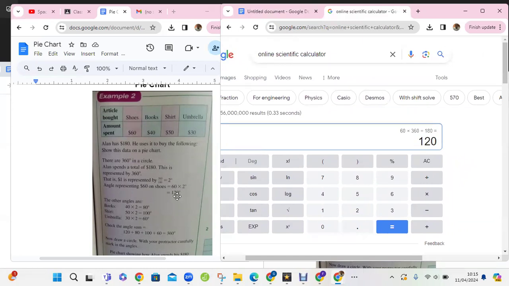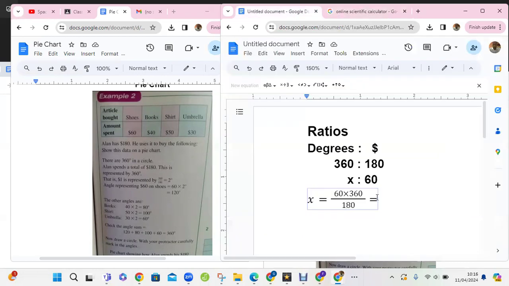So that's how they get that 120 degrees. So for shoes it is 120 degrees. And you repeat the same process for the other items.